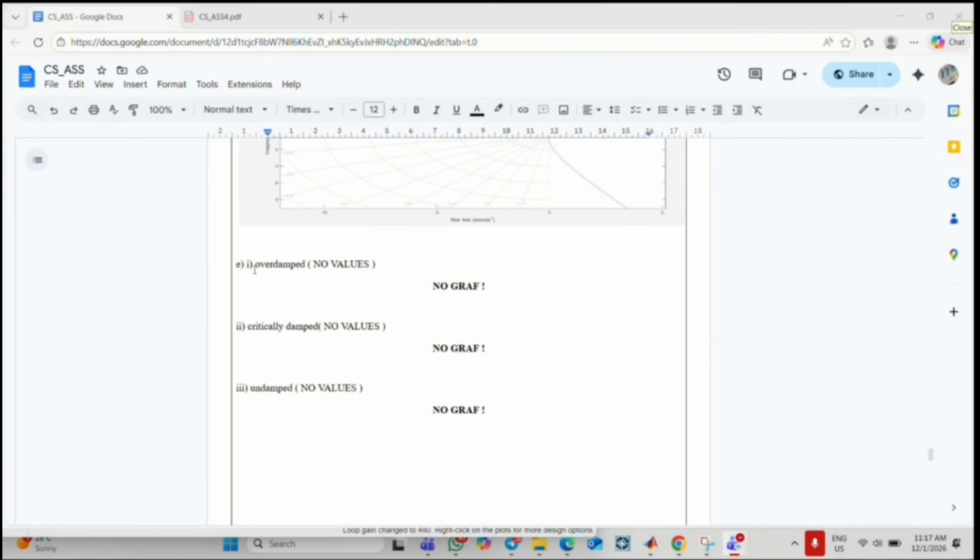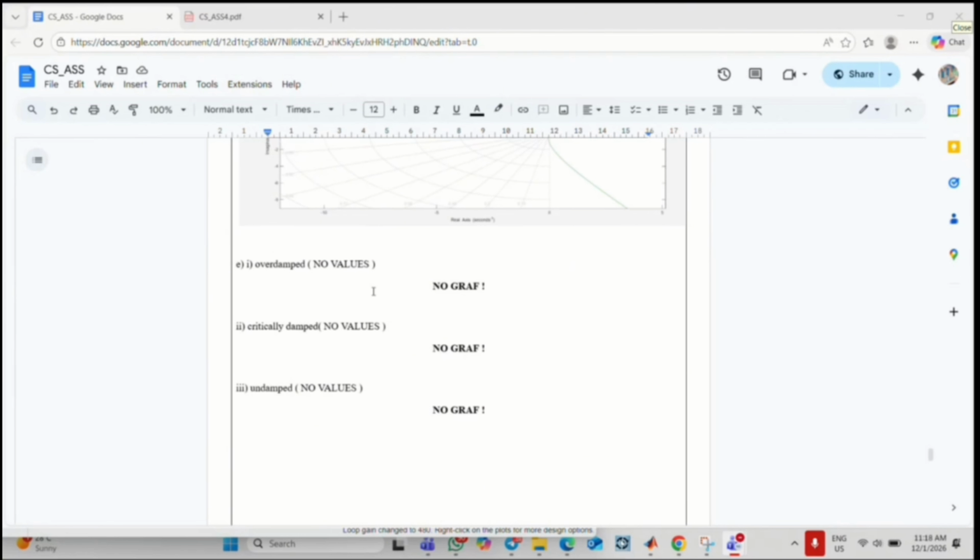For E, the overdamped has no values, critically damped no values, and undamped no values, because the damping ratio is at most 0.0851. For overdamped, the damping ratio should be over 1.